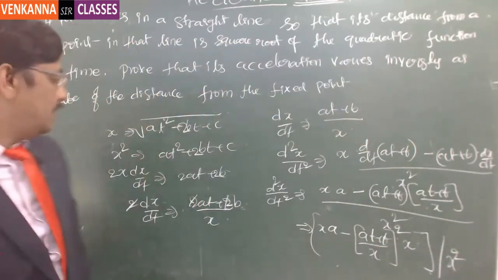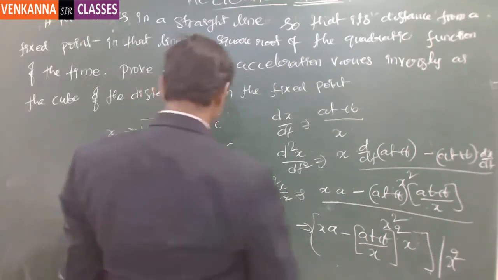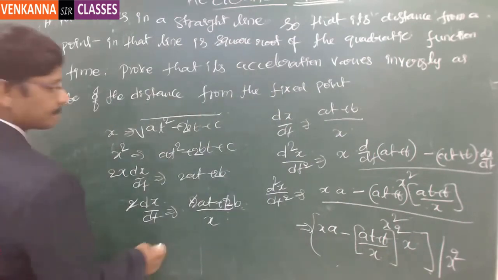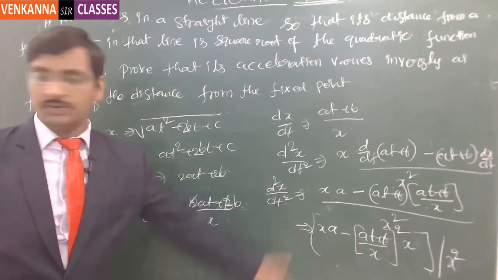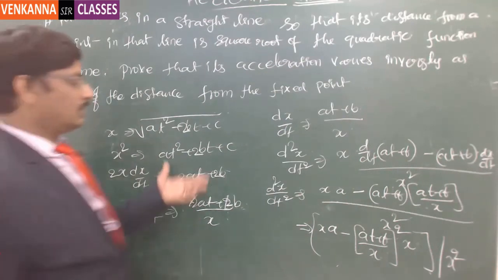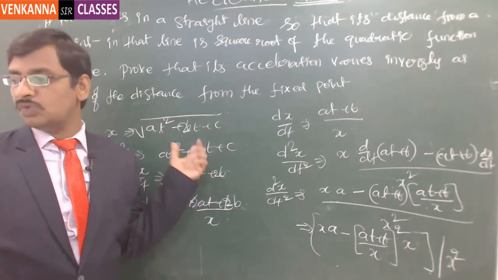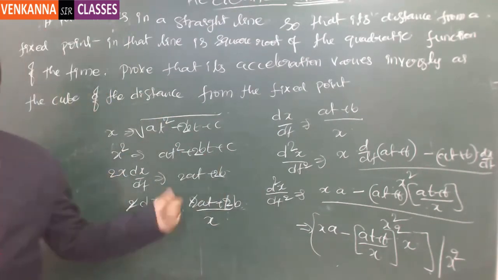Now here at plus b by x is nothing but the velocity, so that is the velocity square. So you note down this, I am going to erase it and then I will continue. So Arun, even if you put 2 or if you don't put it, it won't make any difference, but for simplicity, to avoid these 2, we have put it.